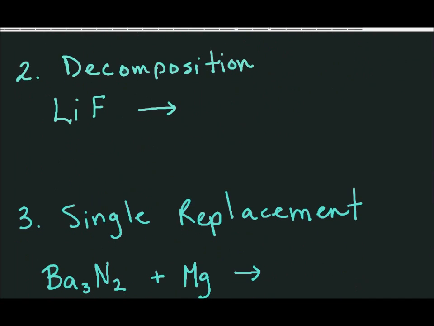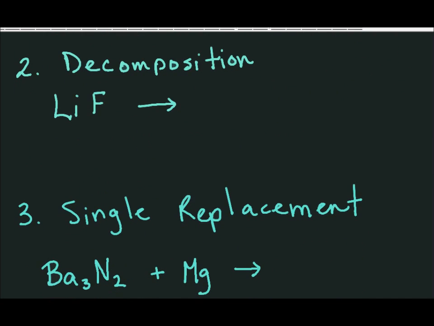Now, our second type of chemical reaction is called a decomposition reaction, and it is the exact reverse process of the synthesis reaction. So in a decomposition reaction, we have a compound on the reactant side, and we have elements on the product side. So the 2 elements involved here are lithium and fluorine.